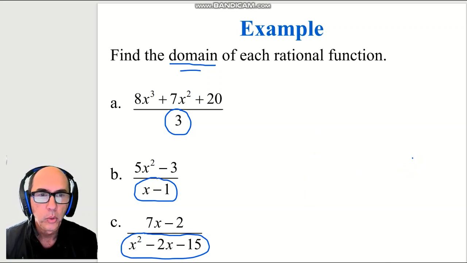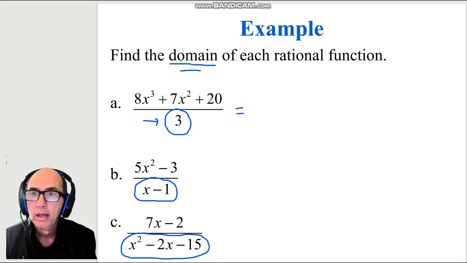Letter A. What is the value of x that makes this denominator equal to zero? Think a bit before answering. Of course, this denominator will never be zero.